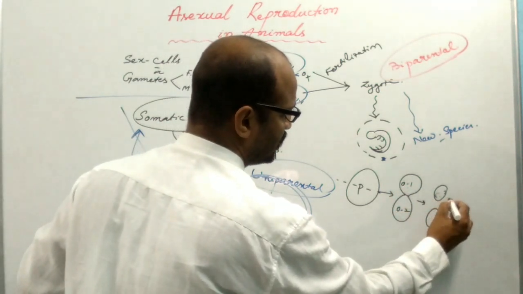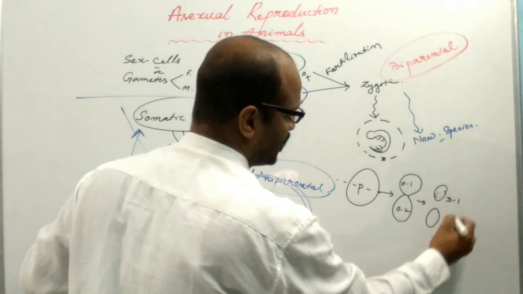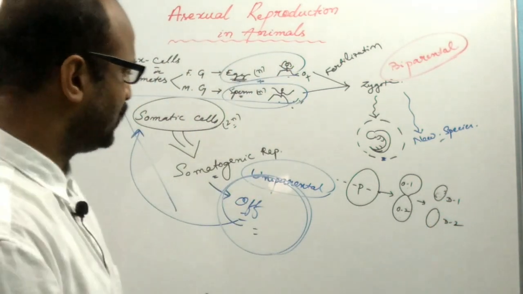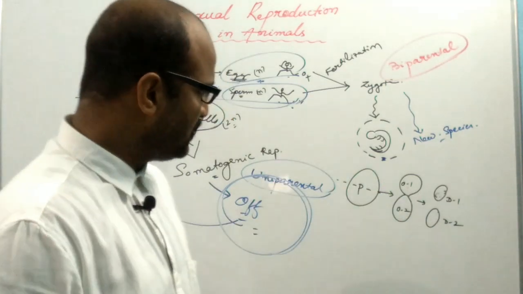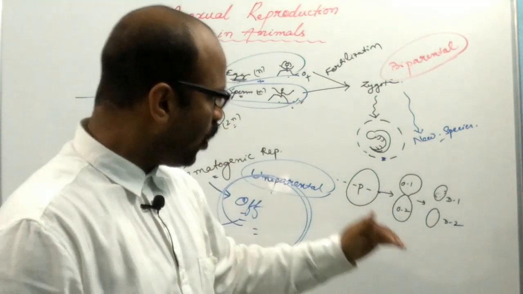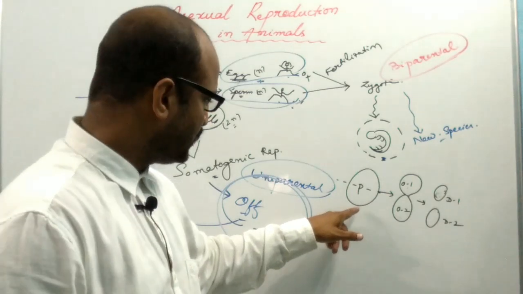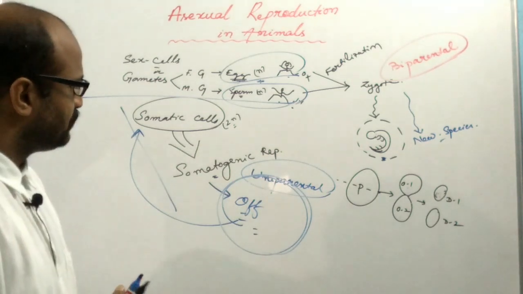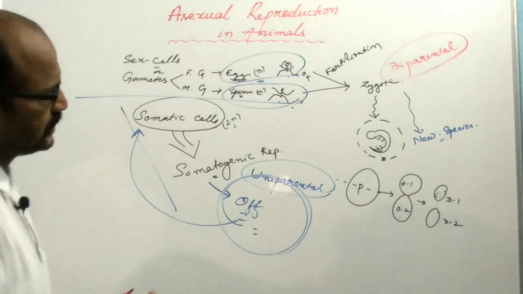So this is daughter cell 1 and daughter cell 2. This is the simple process of fragmentation, the simple division of the parent body. That's why it is known as somatogenic reproduction. So here it is very common.